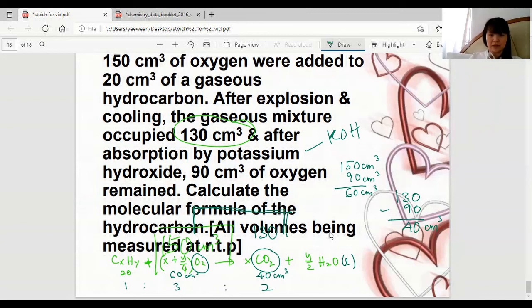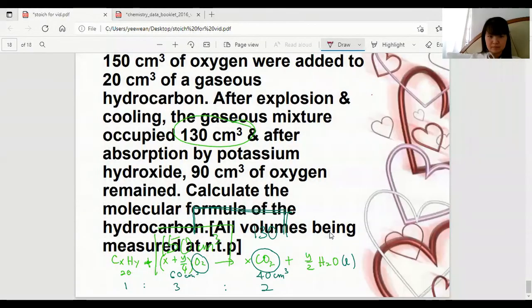We're going to use the combustion data this time. Sorry, I'm going to erase all this, okay? Right, so X, we know that X is 2. So X plus Y over 4 equals 3. And we know that X is 2.